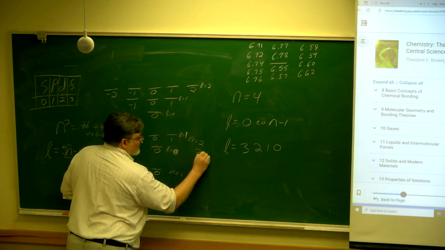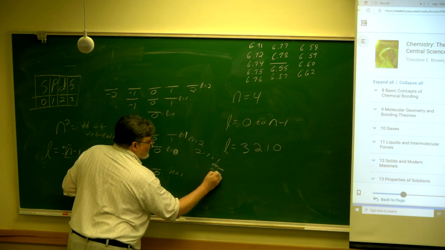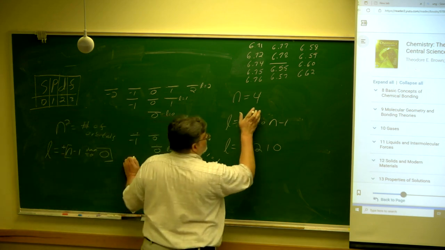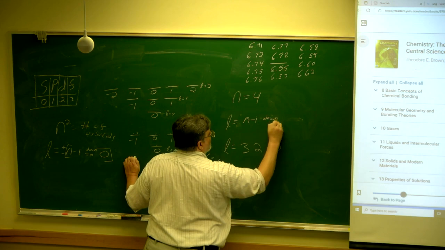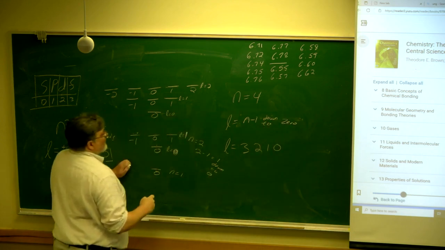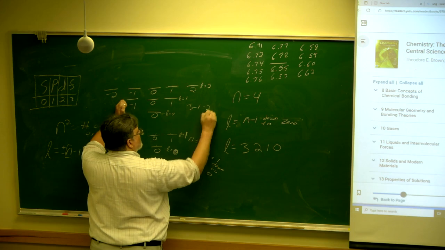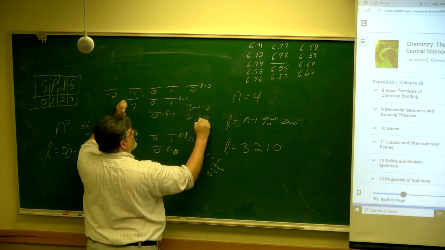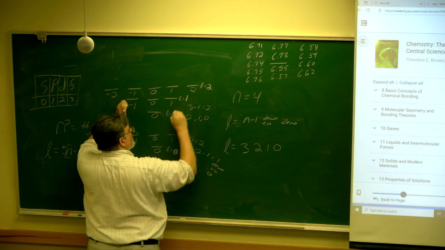Because it's 2 minus 1, down to 0. N minus 1 to 0. Here n equals 3. 3 minus 1 equals 2, so 2 down to 0: 2, 1, and 0.